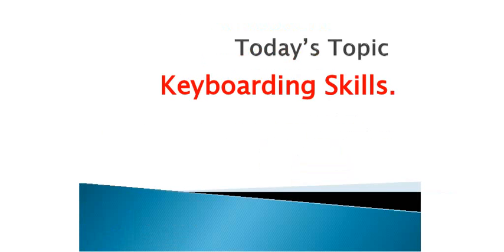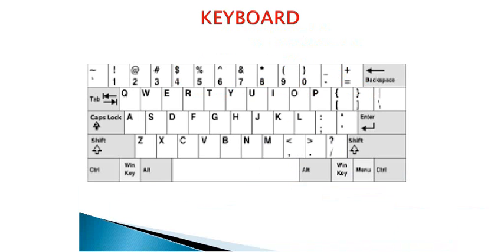Today's topic is keyboarding skills. So first of all, let us have a look at the keyboard. This keyboard contains different types of keys. It starts from 1, 2, 3, 4, 5, 6, 7, 8, 9, 0. Those are known as number keys.